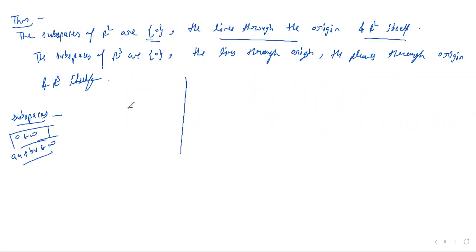If I draw the lines through the origin, all the lines which are going through the origin must contain the zero vector, as they are passing through the origin.